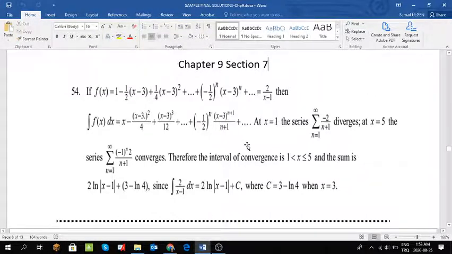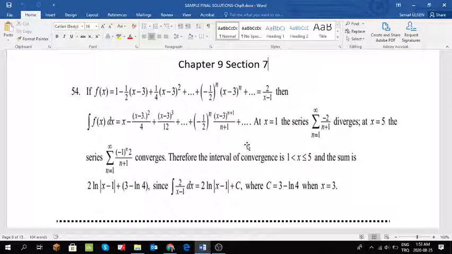Next they are asking, after you integrate and get this series, what about the interval of convergence? Did it change? Is it 1 to 5 or more than that? We have to check the endpoints, because the endpoints may differ.